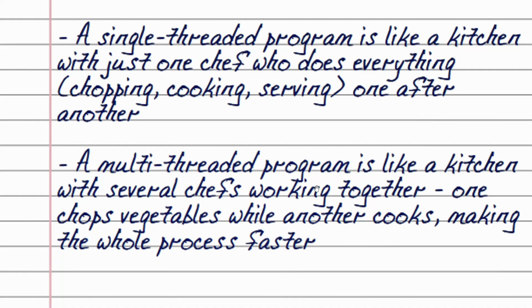They will work together, and the whole process will be faster. Obviously one single chef will take more time to chop, cook and serve. If there are multiple chefs, the work will be faster.